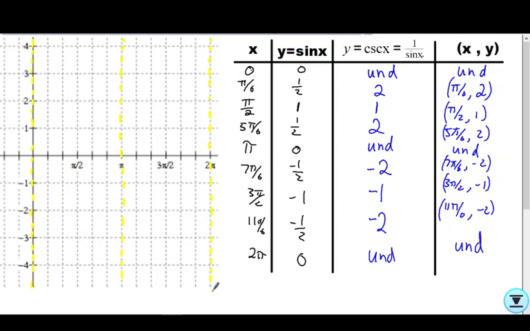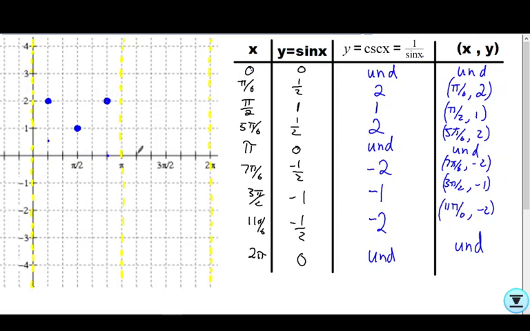Then we have the points pi over 6, 2, which is here. Then at pi over 2, we're at 1. Then at 5 pi over 6, we are back at 2.